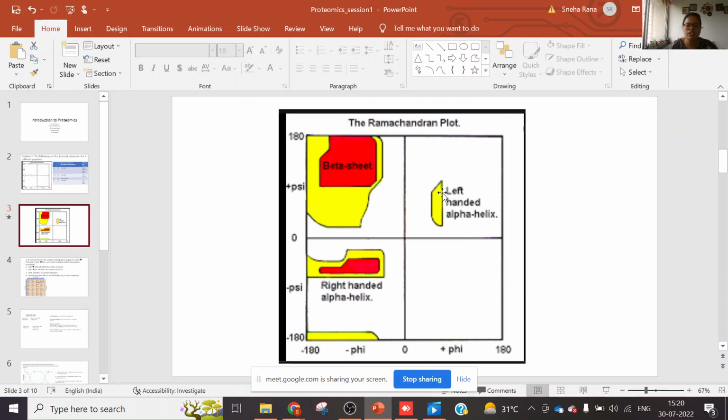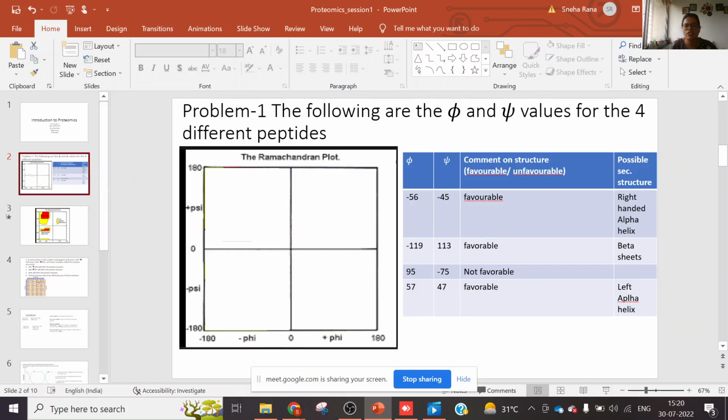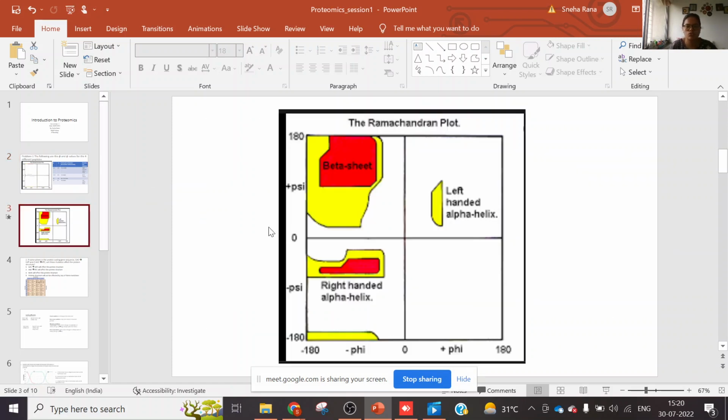As we have discussed, the last one had both values positive, so it is left-handed alpha helix. In the first one, both values were negative, in this quadrant, so it is right-handed alpha helix.